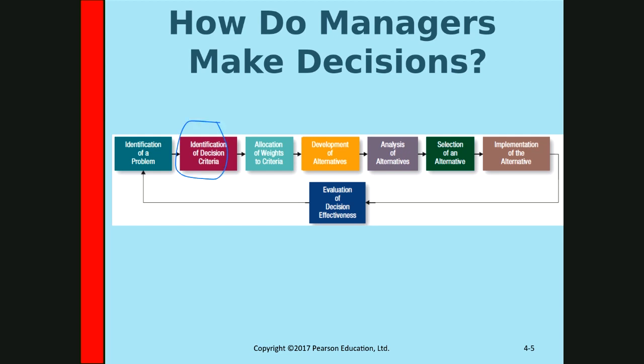The evaluation of decision effectiveness can also reveal that the implementation somehow, somewhere went wrong. So this evaluation serves as feedback to see if everything is correct. Okay, until this part, these are the process. This is the decision making process. Any question?